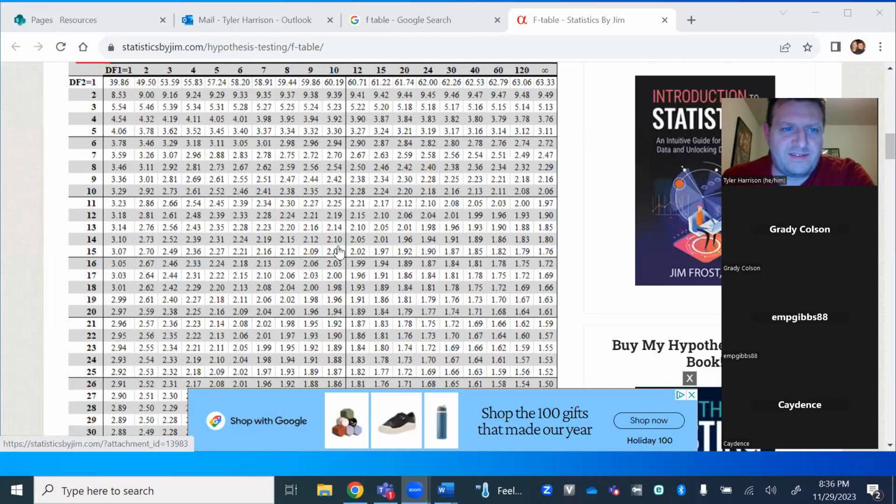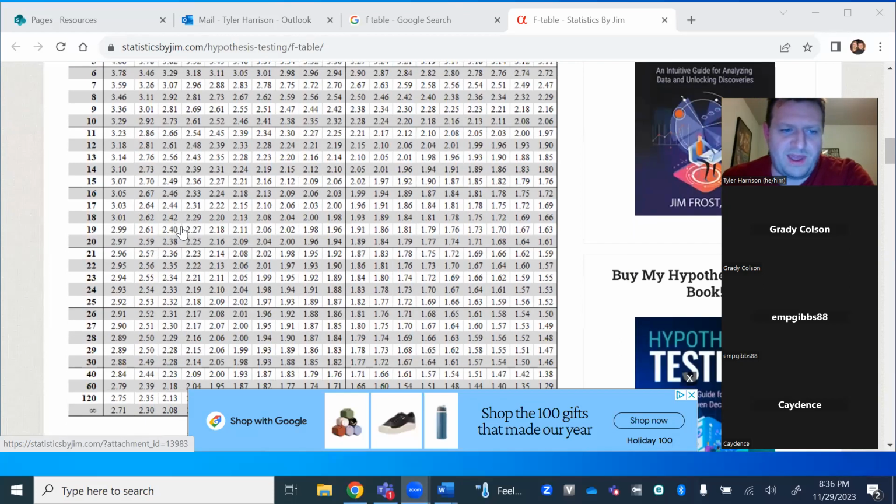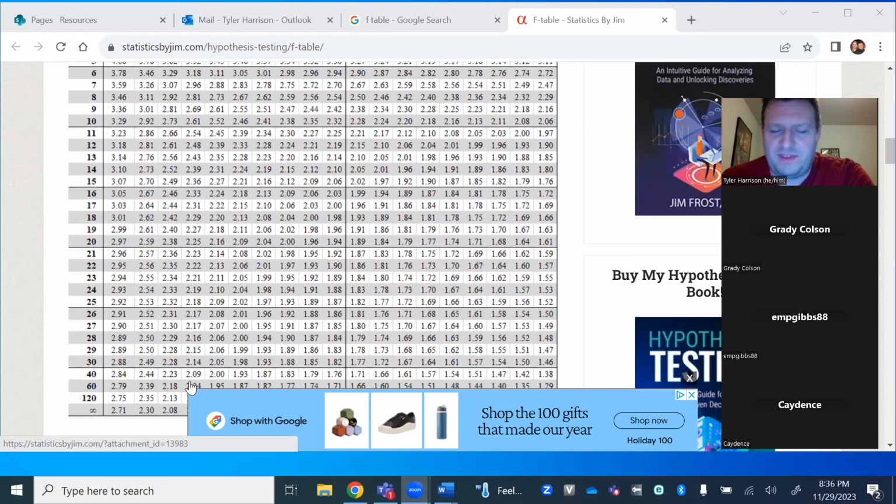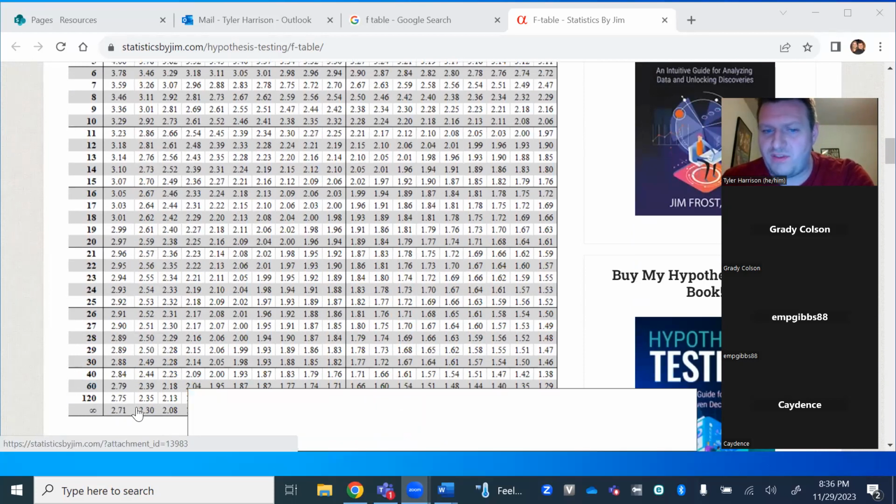Okay, you guys see this one and see how ugly it looks? So let's say that we go down here and we have 4 degrees of freedom in the numerator, and we have 50 degrees of freedom in the denominator. I don't see that, so I'm going to go for the one with 40 as opposed to 60. So I always go for the more conservative option.